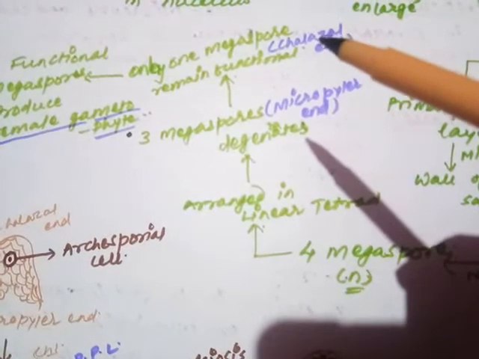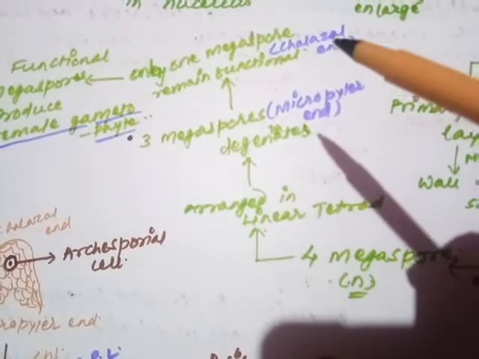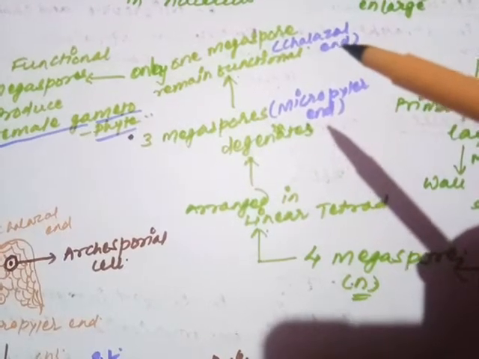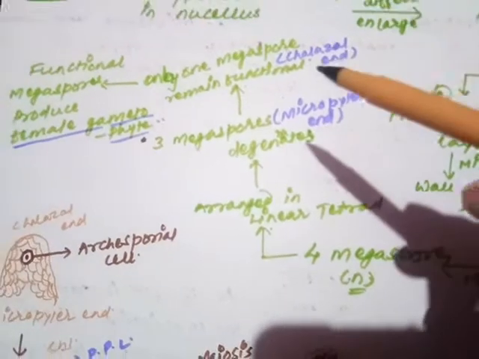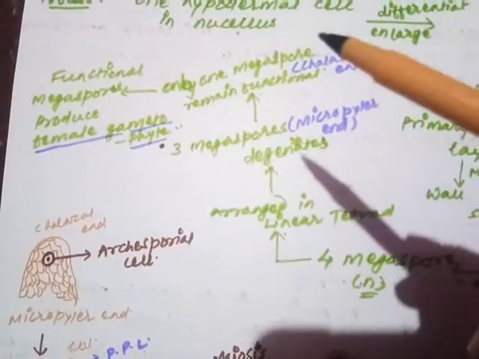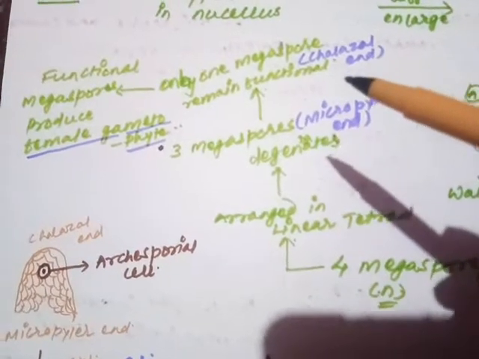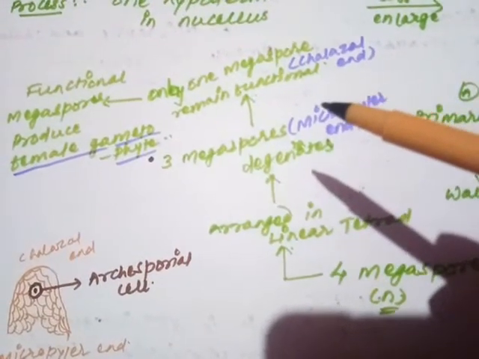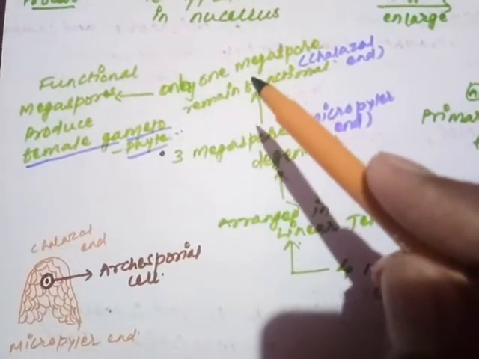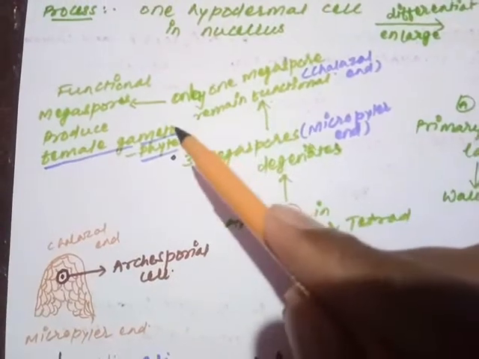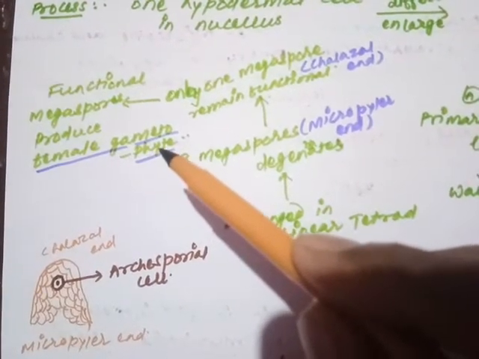In microsporogenesis, one microspore mother cell gives rise to four haploid microspores, but in megasporogenesis, one megaspore mother cell gives rise to only one megaspore, and this functional megaspore lying at the chalazal end takes the responsibility to develop the female gametophyte. Are you getting my point? Is it clear to you all?